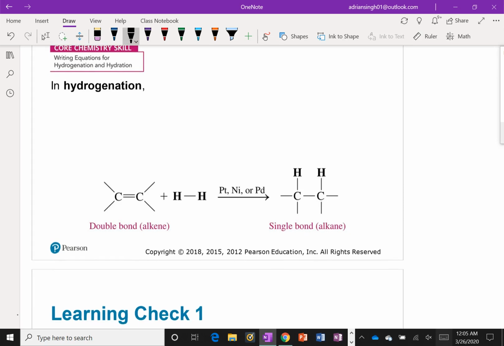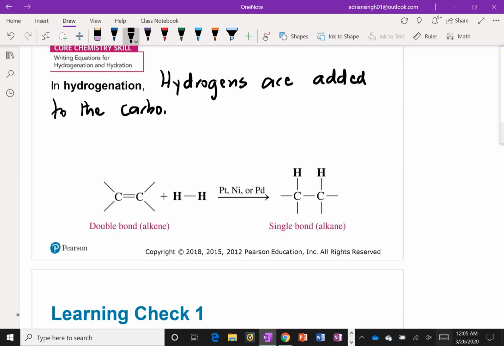So in hydrogenation, hydrogens are added and again, they're going to go to the carbons of the double bond, right? That's where all the action happens in an alkene or an alkyne.